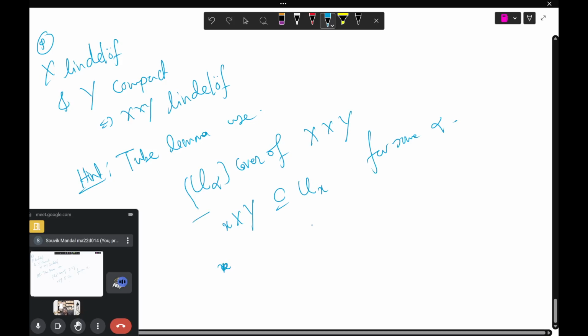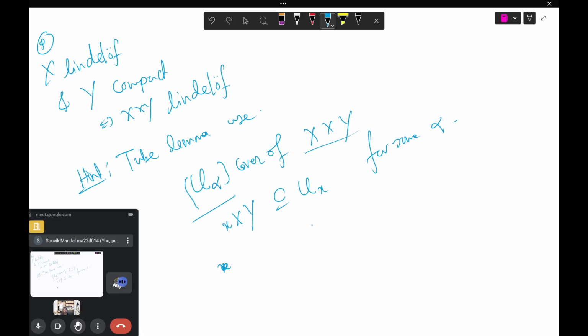No, no. Firstly, U alpha is an open cover of X cross Y, right? It is not a cover of X. So how will we get the subcover of X? I mean, a cover of X will give the subcover, but how will a cover of X cross Y give a subcover of X?